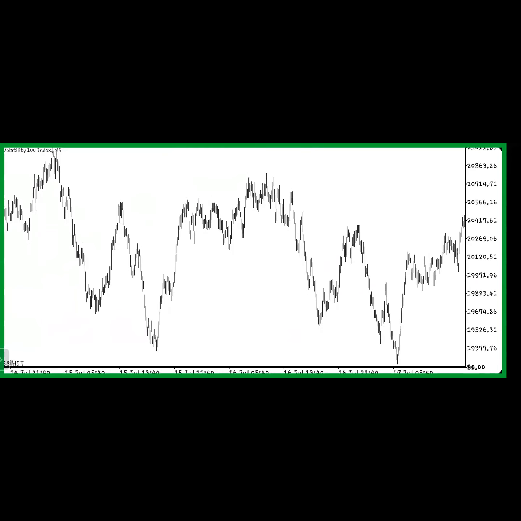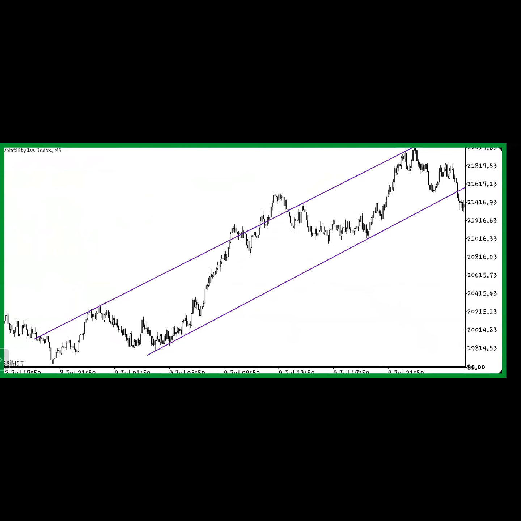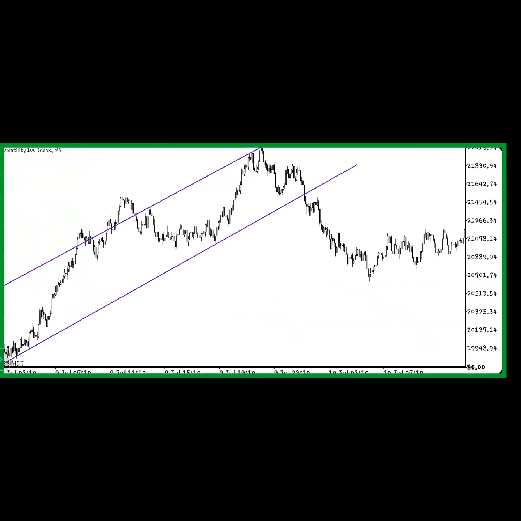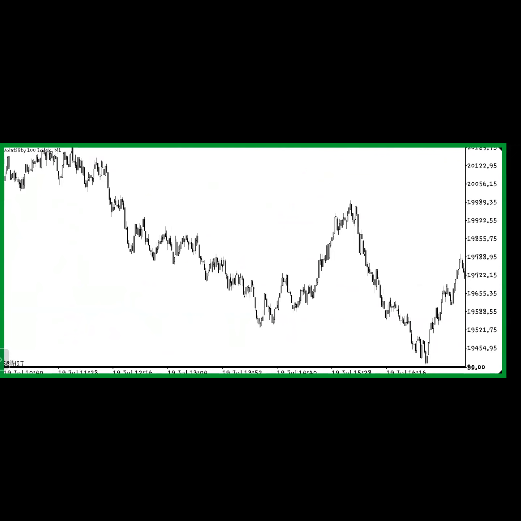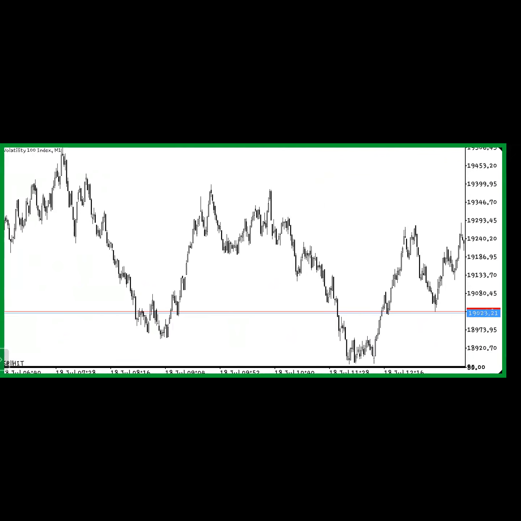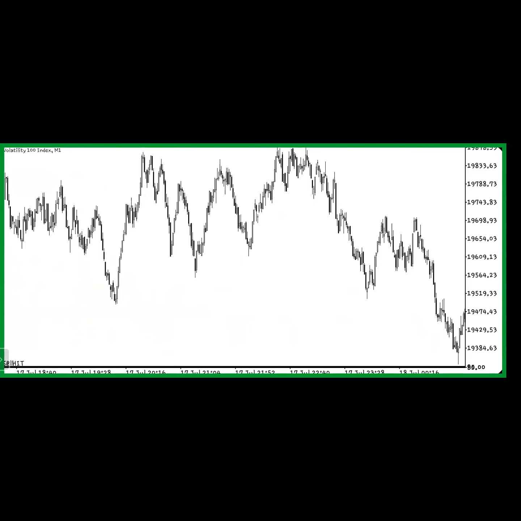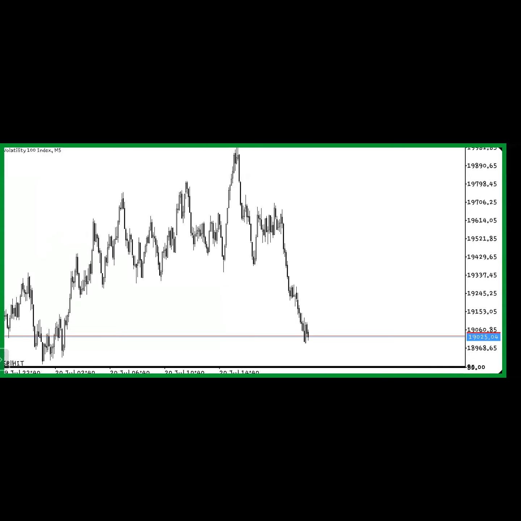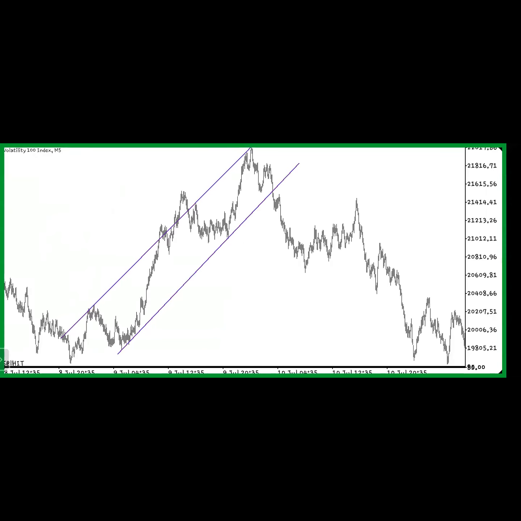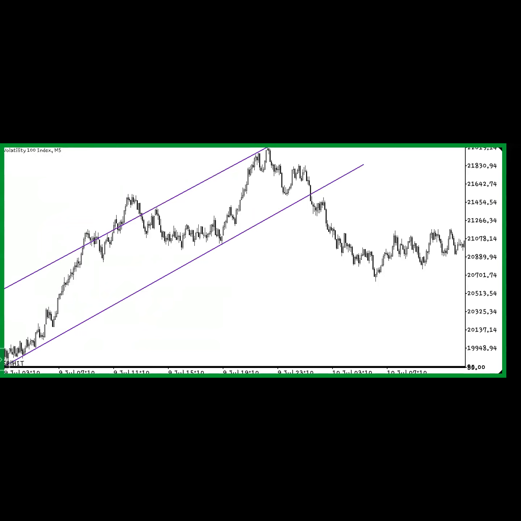Let's go back to M5. This one we don't have. Let me go back to 1 minute. No, so on this one, we don't have a clear breakout and retest.